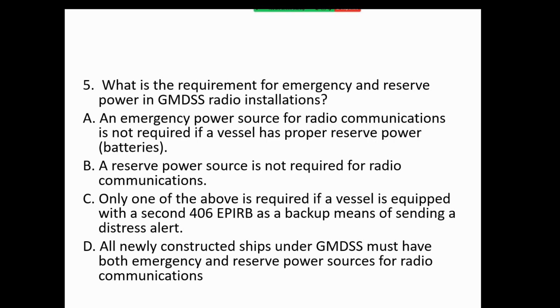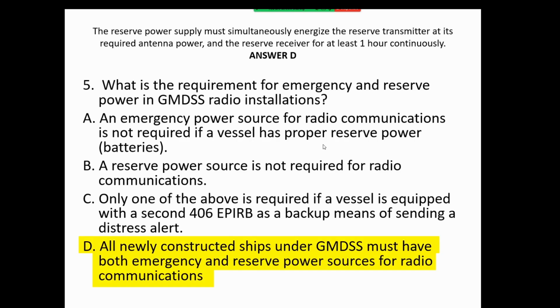All newly constructed ships under GMDSS must have both emergency and reserve power sources for radio communications. You know, I don't know if we saw an exact regulation that says that, but I'm sure there is. So any new ship construction, you're going to have both: your emergency source and a reserve power source. So I'm going with D also.